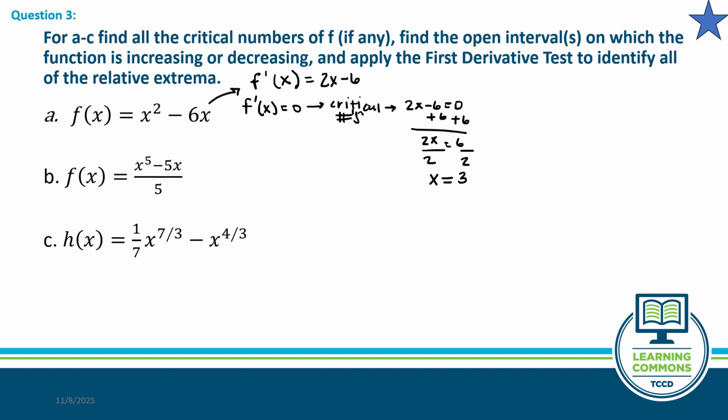So for this one, you have the test intervals negative infinity to 3 and 3 to positive infinity. So what I like to do is pick a number for here and pick a number for here. For this one, my test value is going to be 2 and 4. I always used to do a chart.